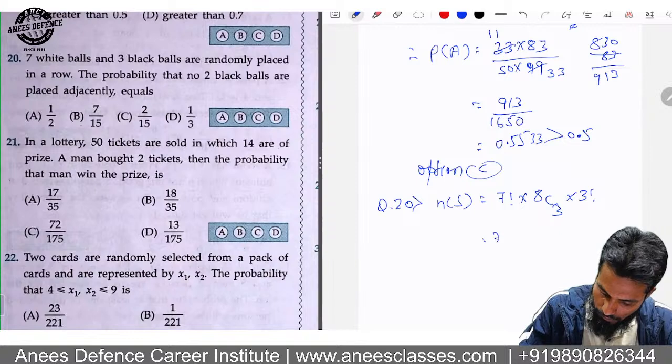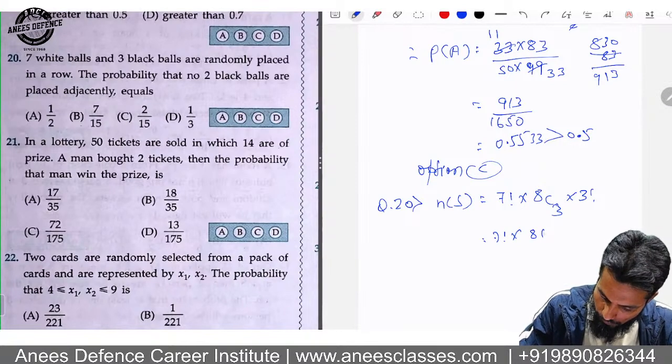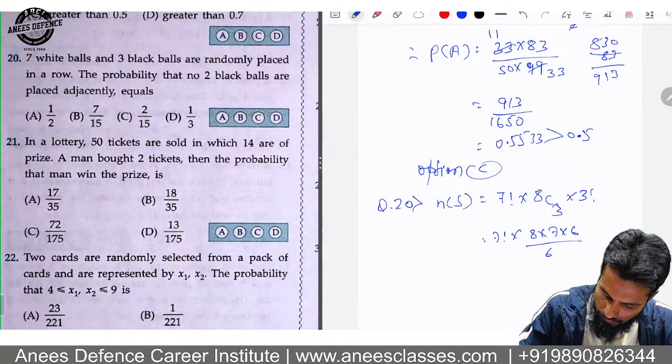Okay, so 7 factorial is how much? That will be a big number. 8C3 we can calculate: 8 multiplied by 7 multiplied by 6 upon 3 factorial. 3 factorial is 6, so you can cut this 6 and 6.